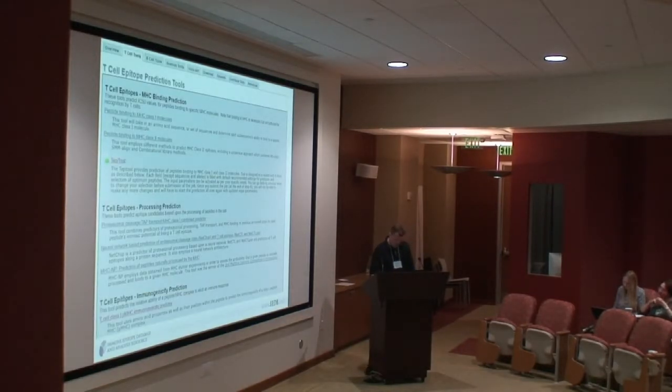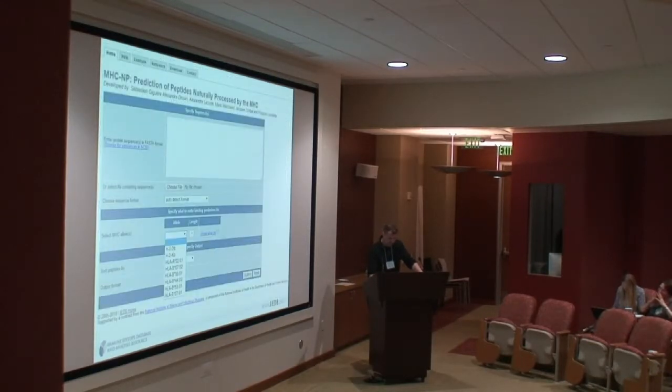Then we have a completely different approach, of which at this point we have only NetMHC and MHC-NP implemented here, which is directly learning from eluted ligands, essentially combining MHC binding and processing. This was an approach developed by a Canadian group, and they have generously agreed that we host that tool.